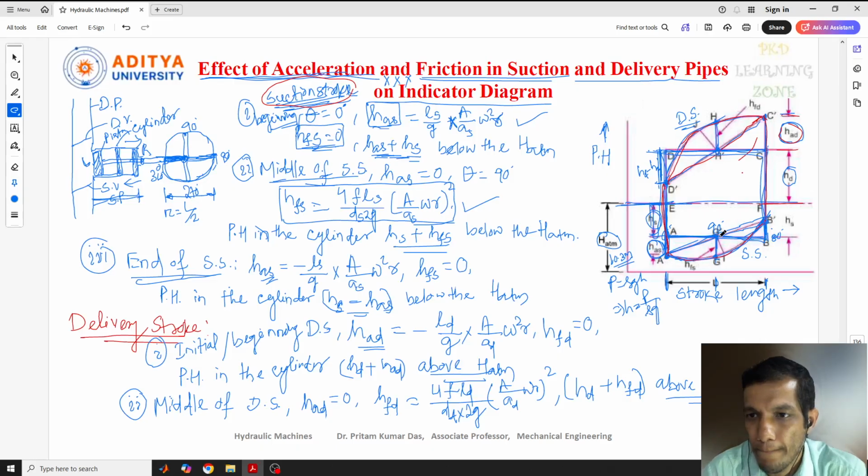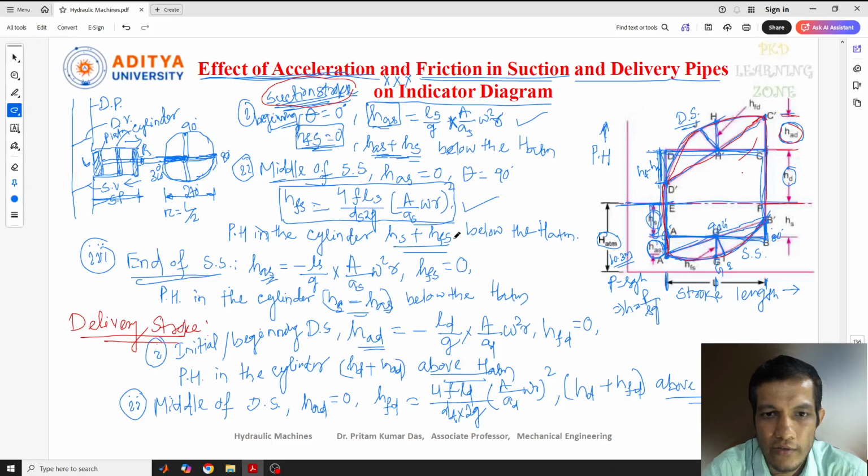If you see the G to I point, this is there actually. Similarly, at the delivery stroke we have given H dash to J. That's why I have written G to I. Now this is the G point, this is the I point, and this is our G dash point.